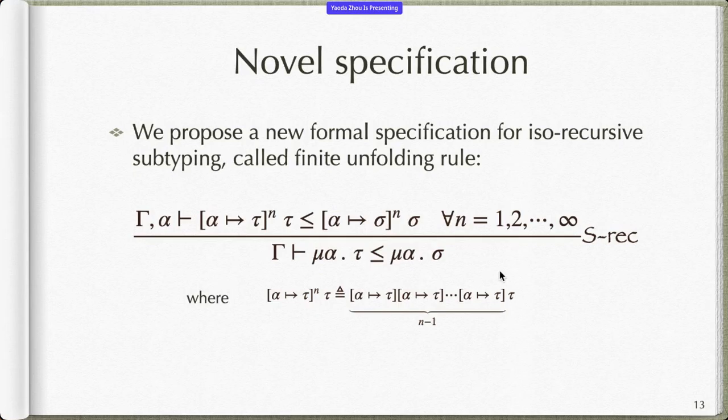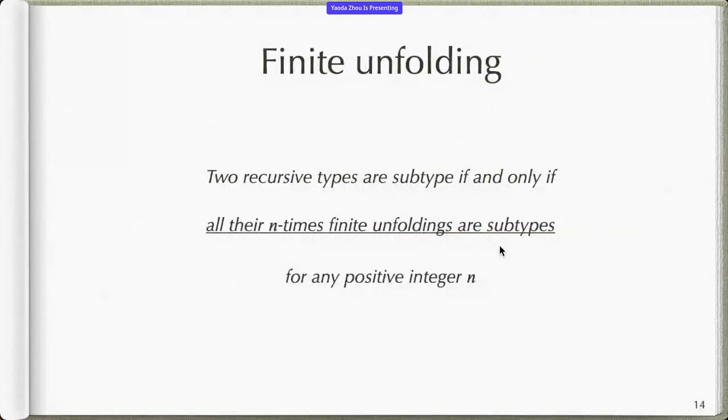So what we mean by finite unfolding is that we substitute the recursive variable in the bodies by their recursive body n times, where this n ranges from 1 to infinity. And more intuitively, our finite unfolding rule says that two recursive types are subtypes if and only if all their n-time finite unfoldings are subtypes for any positive integer n.